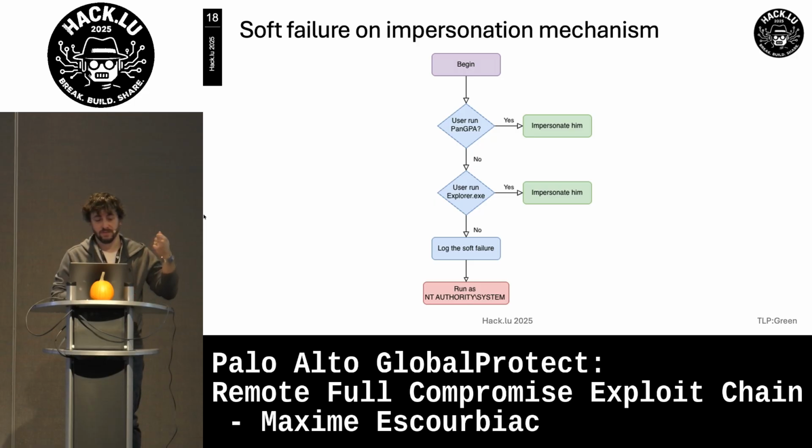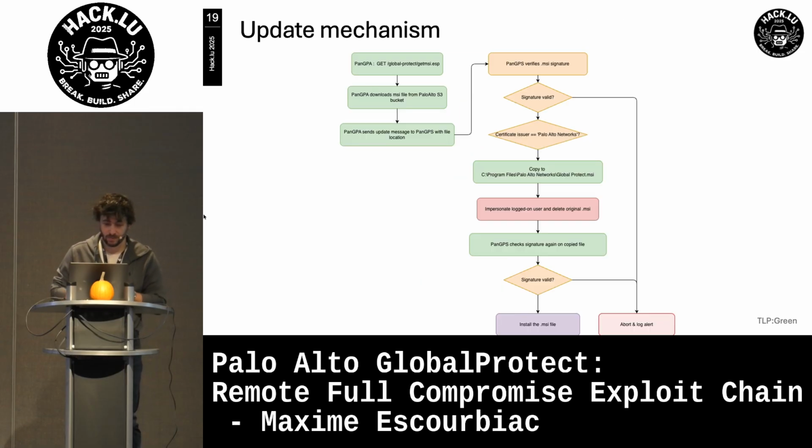For example, if some user is running PanGPA, okay, let's take this user and impersonate him to delete some file. If PanGPA is not running, it checks explorer.exe to impersonate. And if it does not detect any PanGPA or explorer.exe process, it's a soft failure: it does not impersonate anyone and runs as NT AUTHORITY\SYSTEM. So yeah, it's beginning to be interesting.